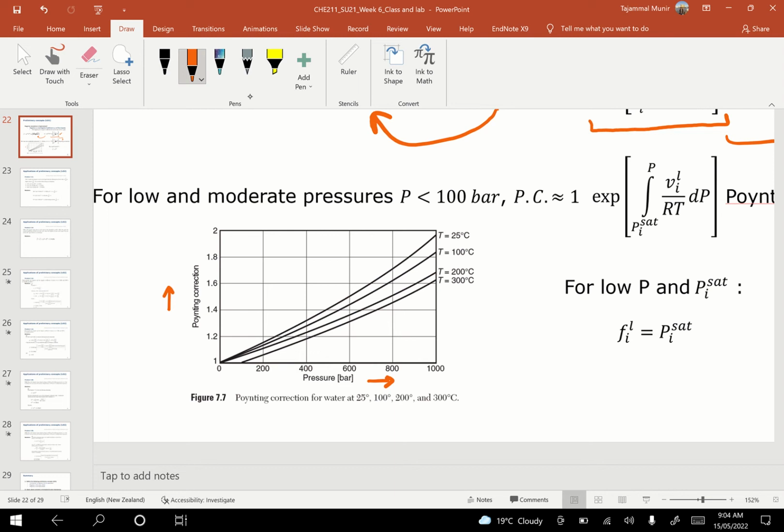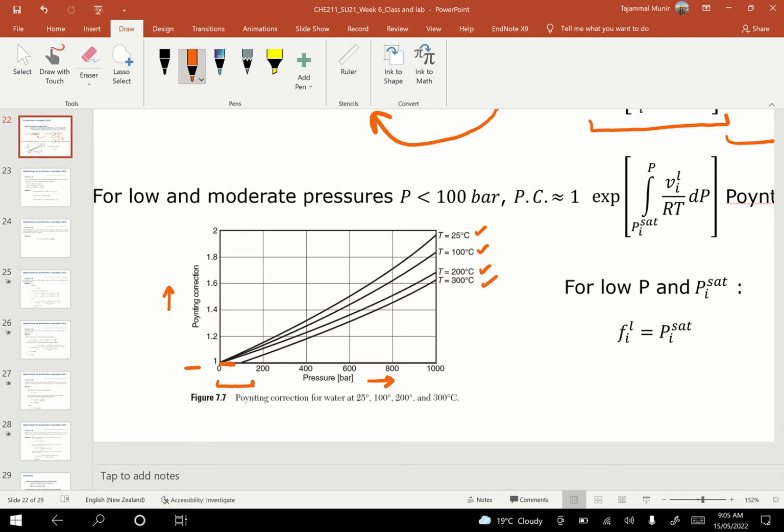If pressure is low, the Poynting factor is close to 1. If pressure is from 0 to 100, the Poynting factor is not changing significantly. These are different Poynting factor lines at different temperatures.